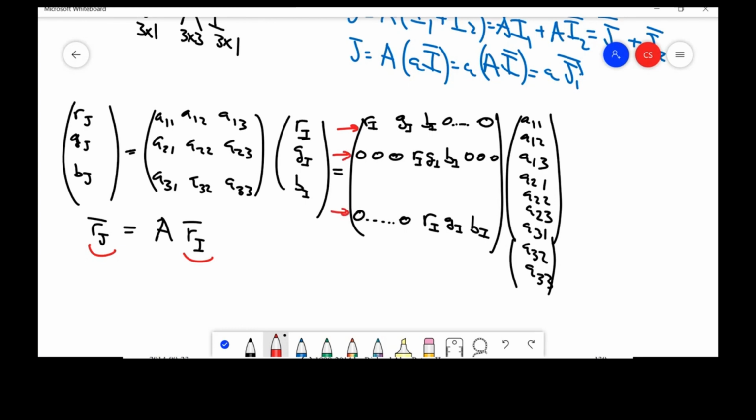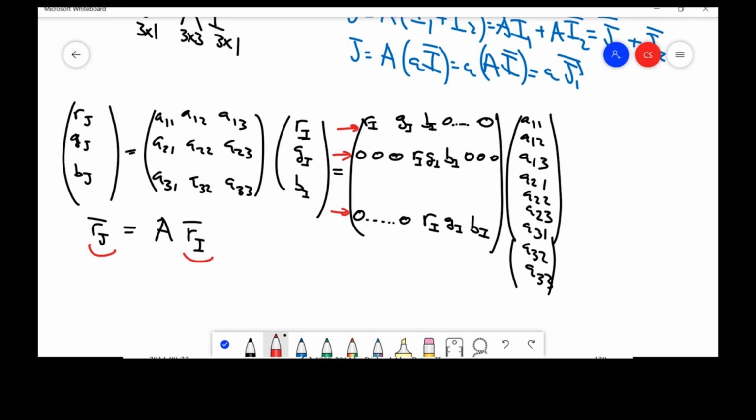So you know that this times this should be equal to this number, and then this times this should be equal to this number. The third row by the column should be equal to this number. So you have 3 equations. How many unknowns do we have? We have 9 unknowns. So we have 9 unknowns and 3 equations. So with just one pair, I'm giving you 3 equations. And it makes sense because I'm telling you this RGB should turn into this RGB. So I'm telling you 3 constraints.